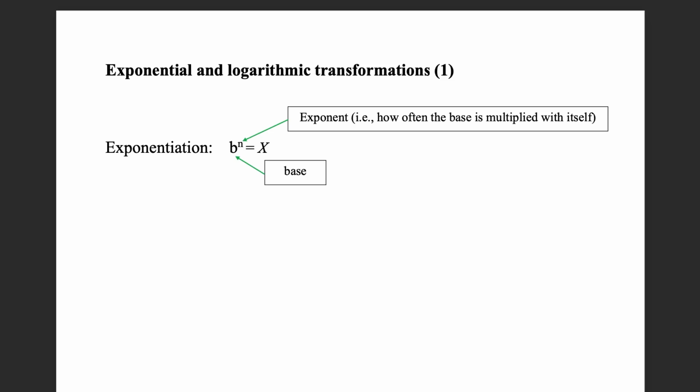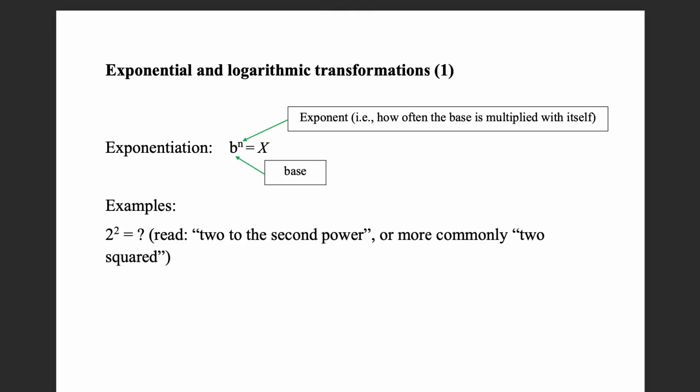So we have a base number that we start out with, and we exponentiate that with some exponent, and that gives us some resulting number, and that's the number x. So fundamentally, that is what exponentiation is. We have some base number b, we raise that to the power of some exponent n, and that gives us a resulting value of x.